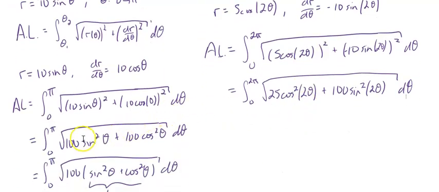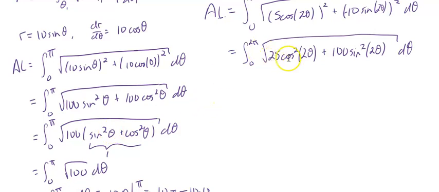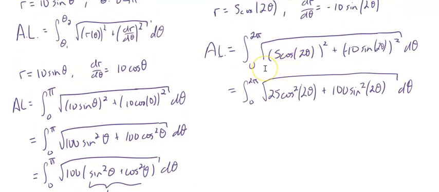What I want you to see here is that in the earlier one, I had 100 and 100, so I could do this sine squared and cosine squared trick. This one, I don't quite have that. I could do some of it, and there are some techniques that I could figure out to do this integration, but for purposes here, we're just going to Math 9 this.